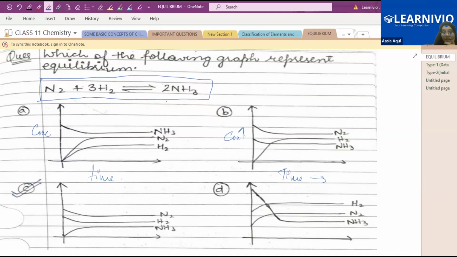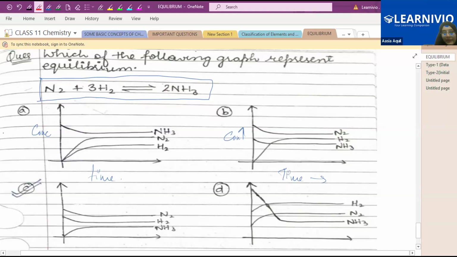Yes, Sanidhi, tell me, is graph A the correct representation of the equilibrium for this reaction? Yes, ma'am. Okay. Yes, Neha, is she correct? Yes, ma'am. Are you sure? Okay, let's move to the next one.